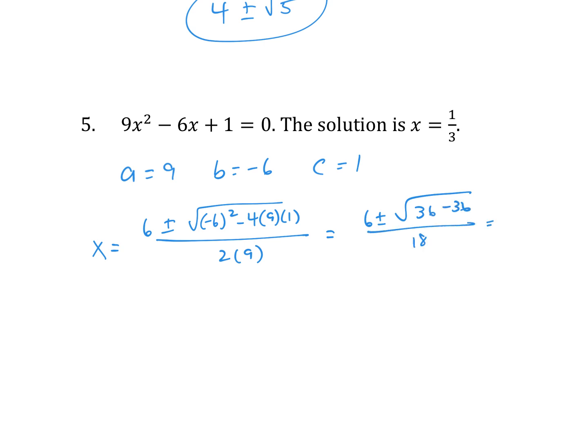So I know that's going to be 6 plus or minus the square root of 0 over 18. And this tells me that there's just going to be one solution since the square root of 0 is just 0. I'm essentially left with 6 over 18, which simplifies to 1/3.